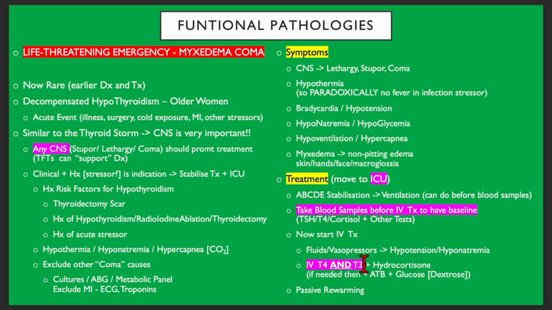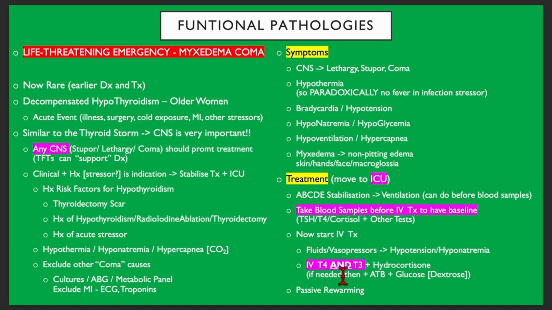And then this is where the artificial T3 comes in. In myxedema coma, you should also use T3. It's such a life-threatening emergency that we don't have time to convert T4 to T3. Plus, the conversion is slow. So here we are going to give the artificial T3 as well. So intravenous T4 and T3, and also give hydrocortisone, the glucocorticoids, the cortisol as well, because they are very, very unwell.